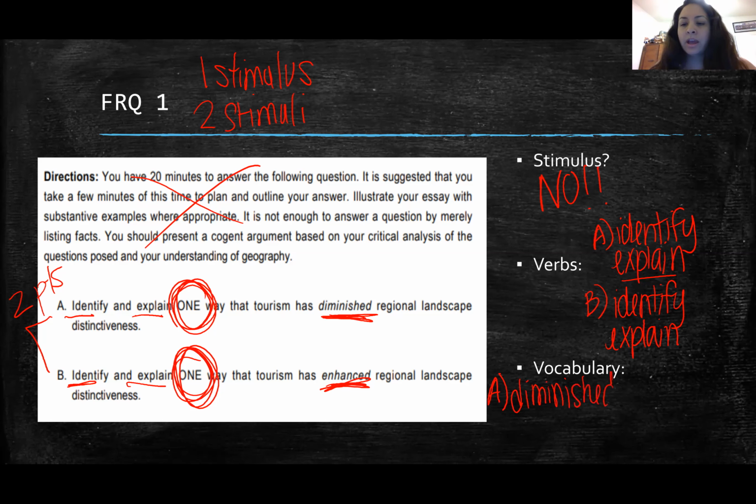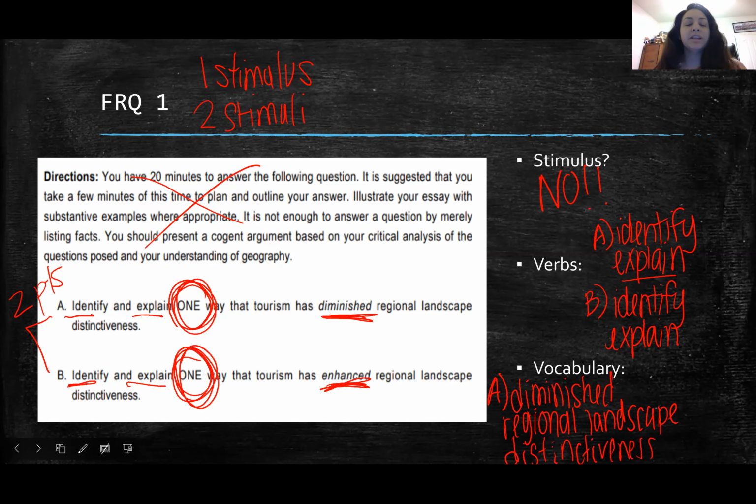Diminished. And then we've got regional landscape, and then you have distinctiveness. Those are all things that you really, really need to know what they mean to be able to give the College Board what they want. All right, so that's in just letter A.